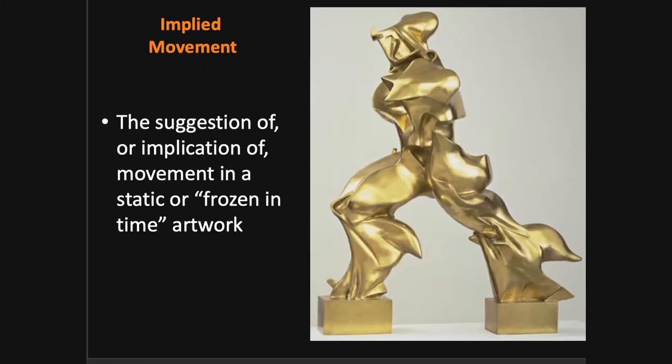Implied movement. So again, we're implying, or suggesting, that something is moving when in fact it's static, meaning it's frozen. This sculpture is a great example of it. It looks as if he's moving through wind, and we get that by the curvilinear shapes that are going behind him.